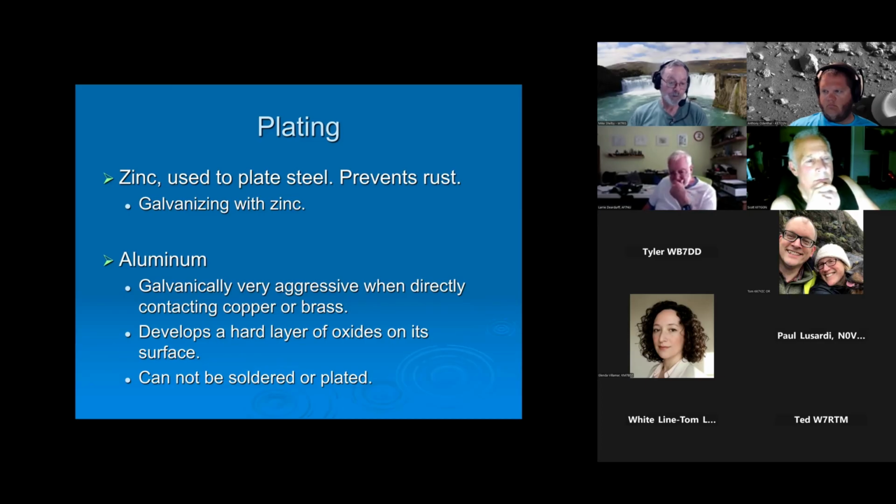Aluminum. So here's a good problem. Aluminum's always a problem. Galvanically very aggressive with direct contact with copper or brass. Those two metals just don't like to get along with each other. Aluminum by itself, as soon as it's created, produces a very hard layer of oxidation on top of the surface.